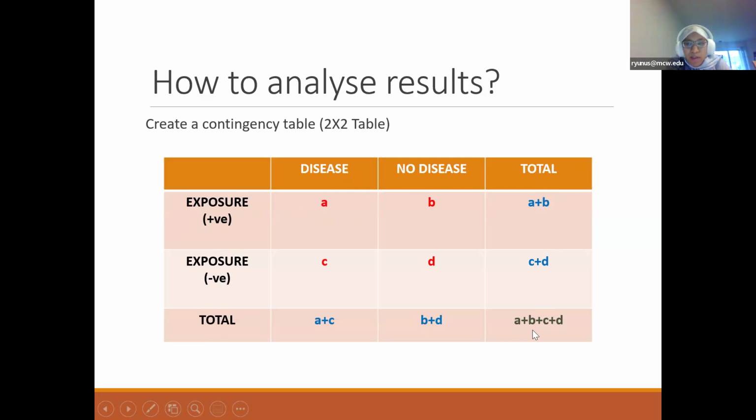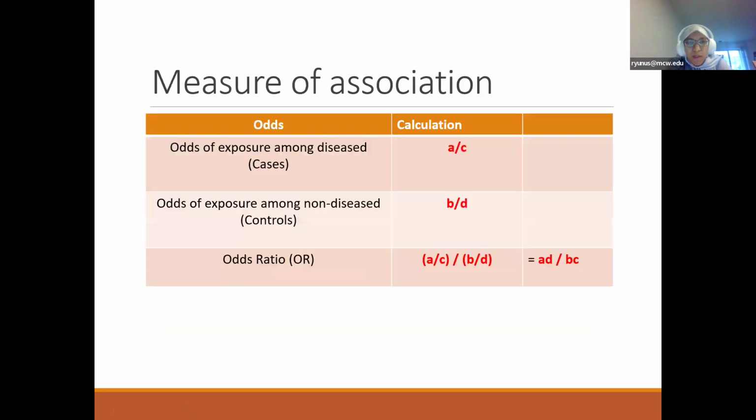Now once you have this data with you, the next step is for you to calculate the measure of association. And this is where you will get the odds. I'm not sure if you have come across this term before, but I'm introducing to you, perhaps for the very first time, the terminology odds.